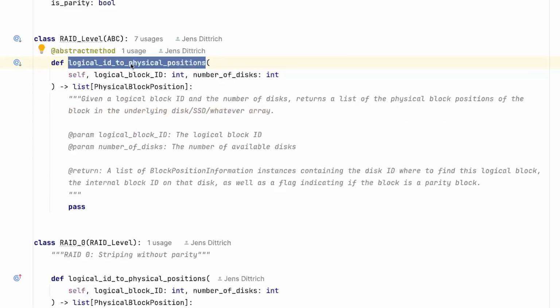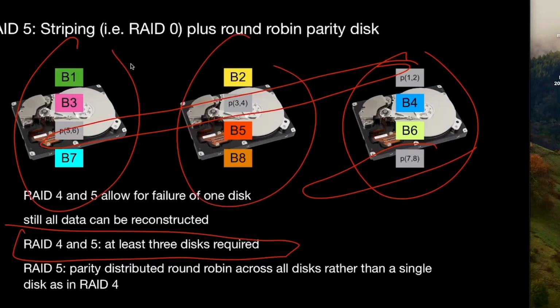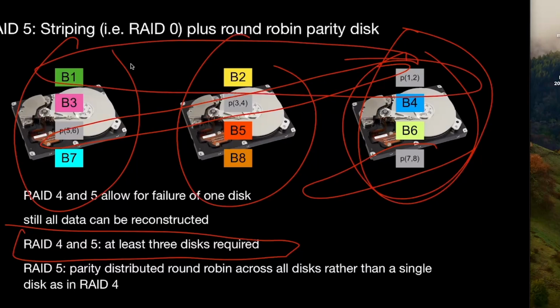Each block has an ID, and then I want to compute the position of that ID in a disk array. If you go back to the slide, what is the position? The position is the disk, so it's basically the column. Is it here? Is it there? That's the column, so to say. And the other is the row. Is it in this row or in that row? So basically a 2-dimensional coordinate system.